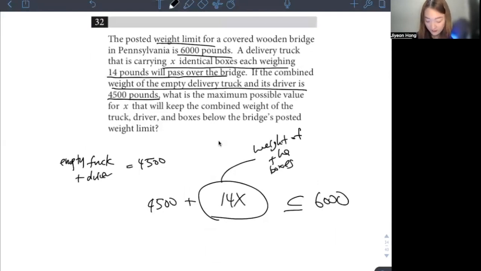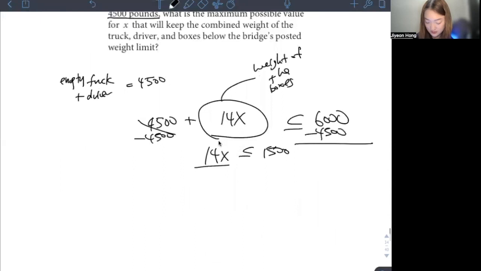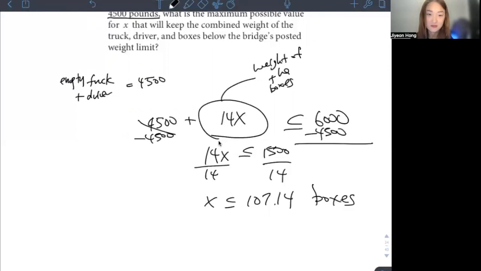So we get 14x. Let's subtract 4,500 on both sides: 14x is less than or equal to 1,500. And once we divide this, we get x is less than or equal to 107.14. So the maximum possible value for x, the number of boxes that we can carry, can't be a decimal point, right? It would be 107, rounded down from the answer that we got.